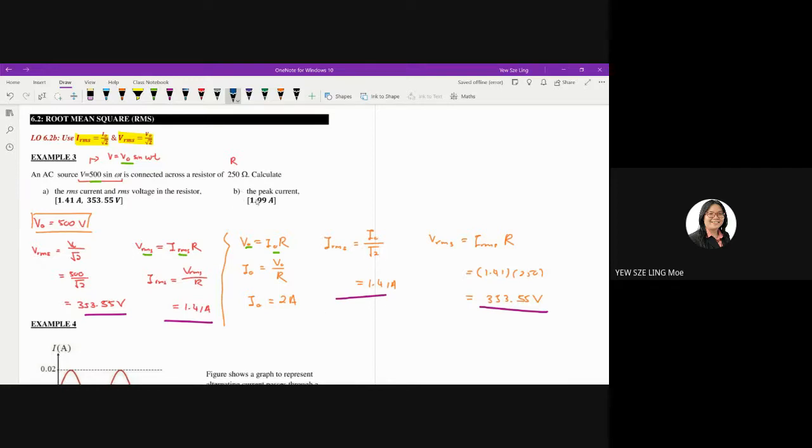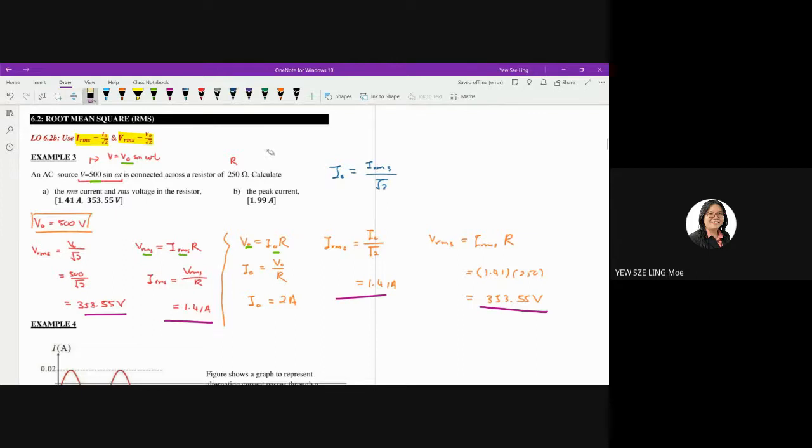Well, question B asks you to calculate peak current. So after you obtain IRMS, let's say by using the red color method, then you can calculate I peak by using I naught equals IRMS times root 2.